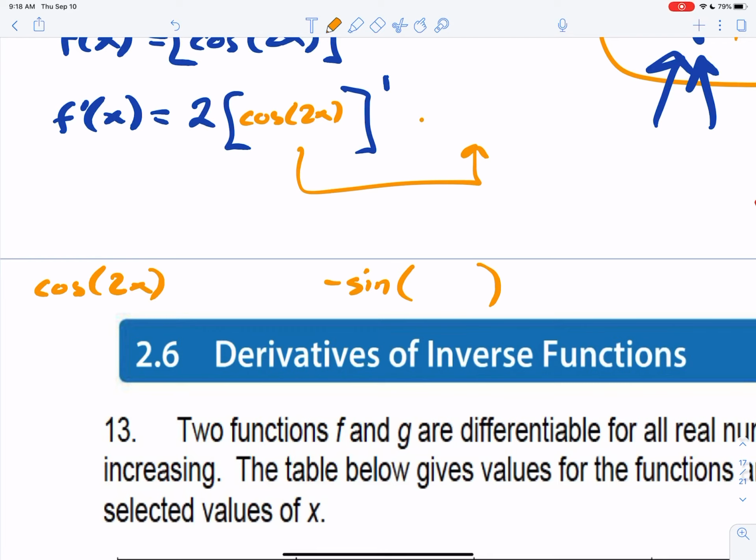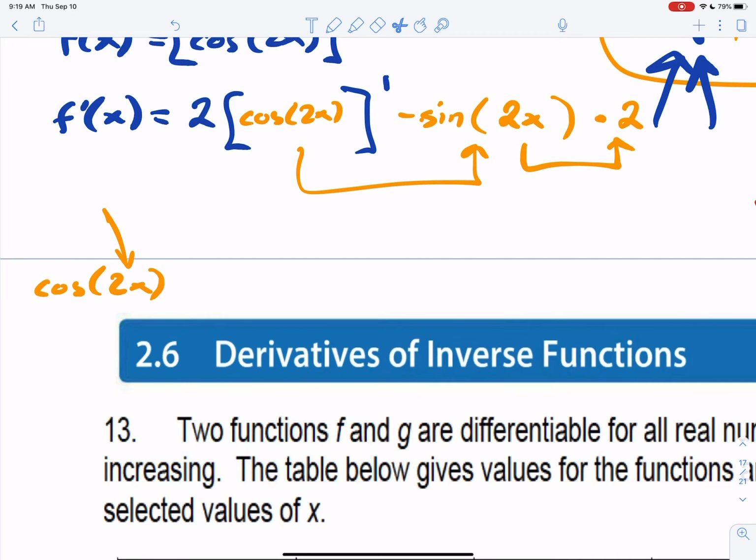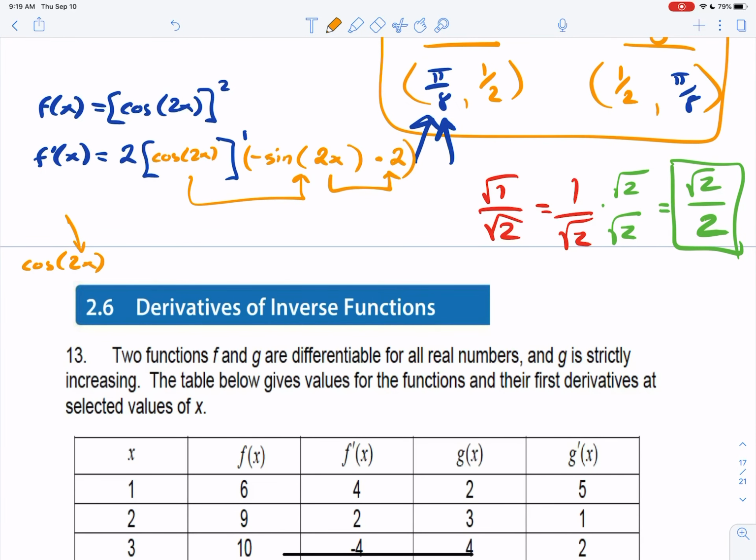That's the derivative of the outside of the same inside, 2x, times derivative of the inside, 2. Okay, so I'm going to copy paste that guy right there. Actually, I think I could move it right there. All right, let me get rid of all of these arrows here.